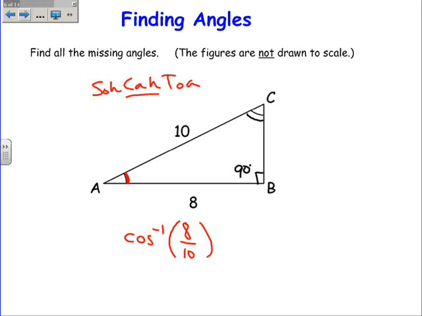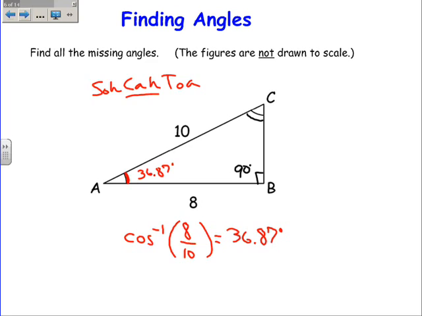I know the cosine ratio is 8/10, so what angle would give me that ratio? I grab my calculator. The inverse cosine of 8/10 is 36.87 degrees. So angle A must be 36.87 degrees.